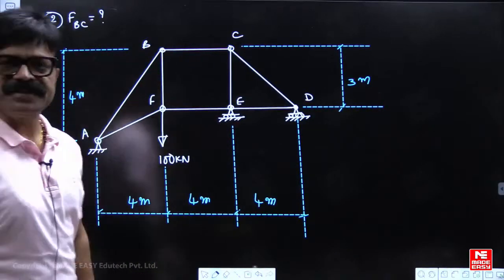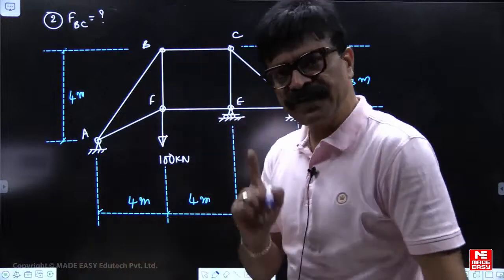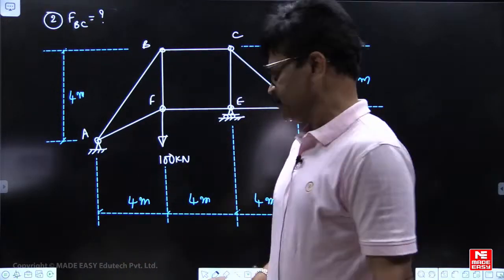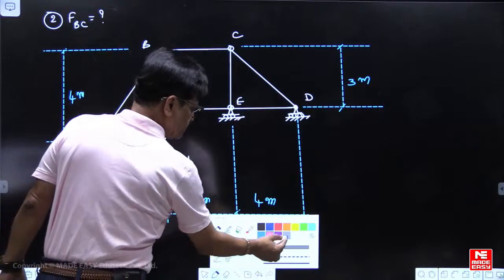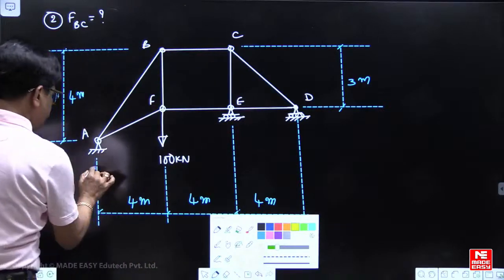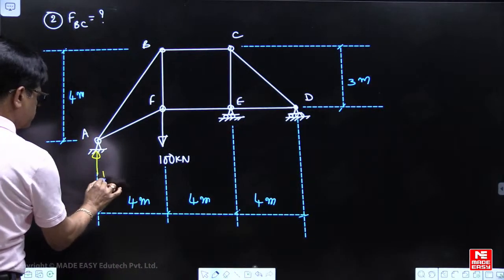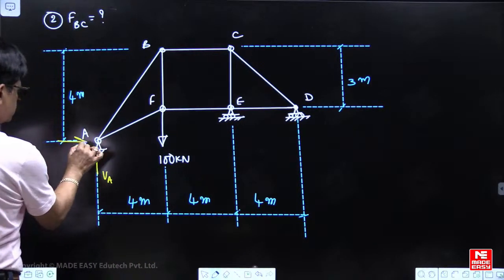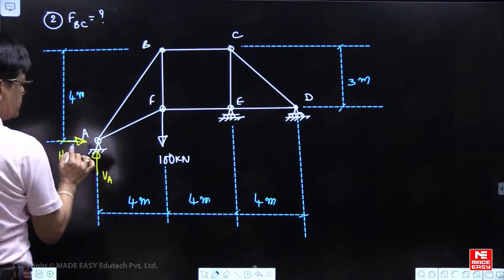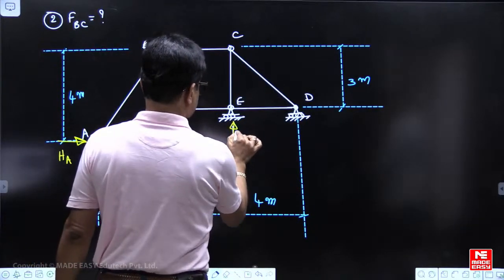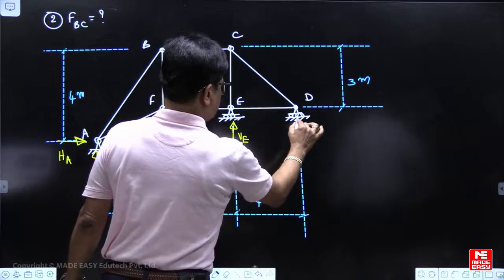Force in the member BC we want to find. The first task is how many reactions are there. A similar example is this one. Now here VA, HA, VE, VD.